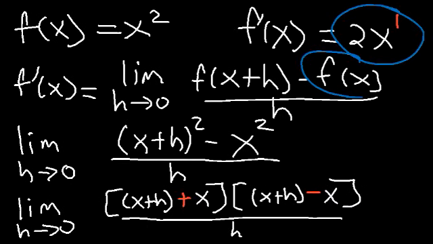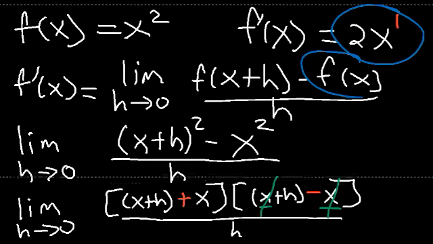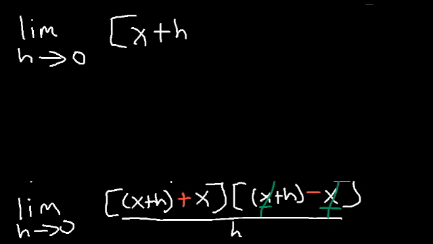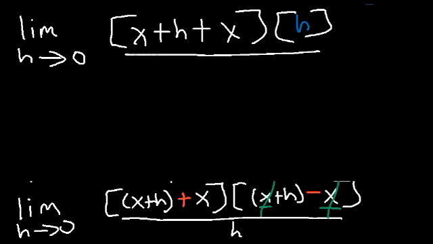So in the second one, notice that we have x minus x. We can cancel these two. So what we now have is the limit as h approaches 0 of x plus h plus x, times the only thing that's left over here, which is simply positive h, divided by h.